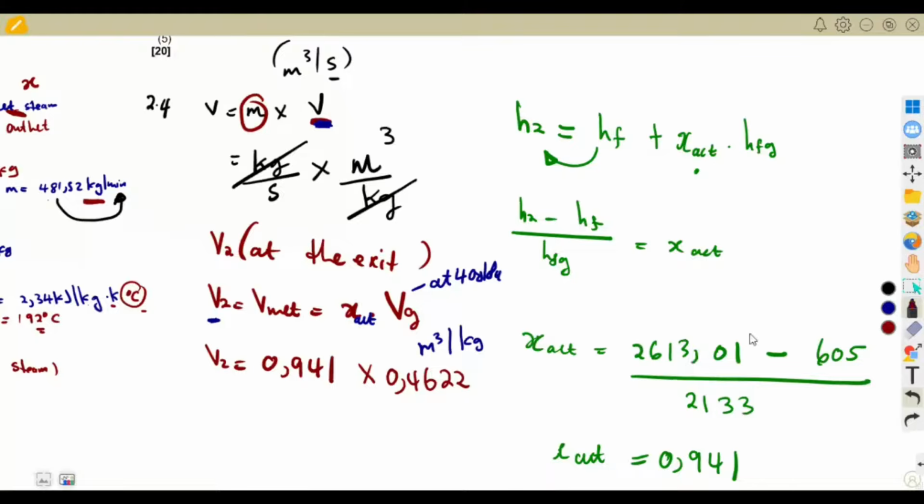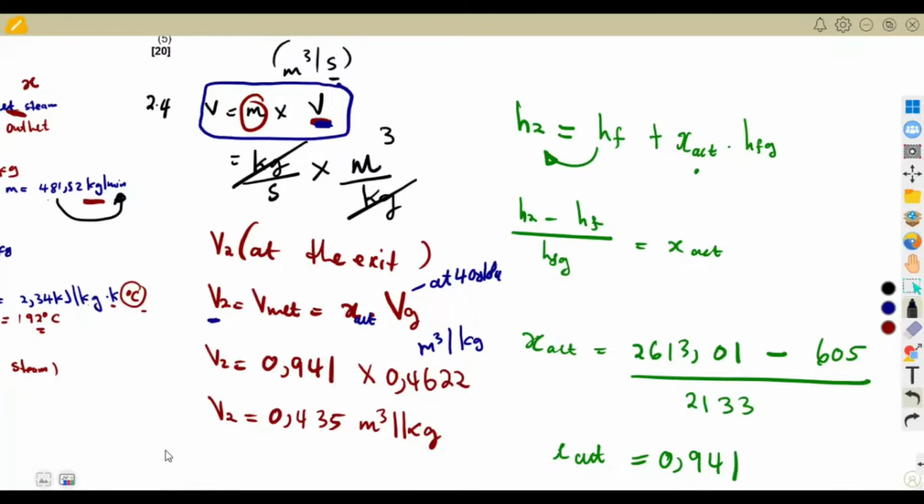So the volume that we are going to get here is going to be in cubic meters per kilogram. So if you multiply this, you are going to get 0.435, something like that, to 3 decimal places, which is in cubic meters per kilogram.